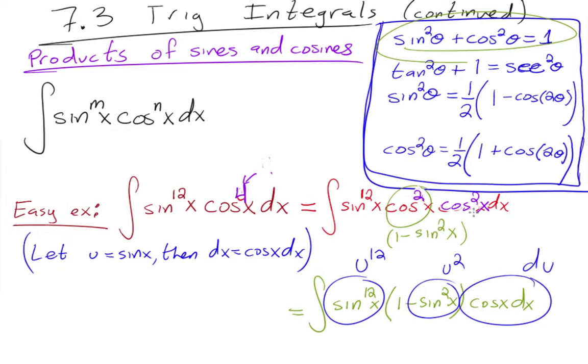But what would they look like? A bunch of sines raised to powers, right? And so, theoretically, you could find it, and you would have a bunch of sines with powers, and you can use a reduction formula. How many times? A lot, right? Because it's to the 12. Madness. Okay. All right.